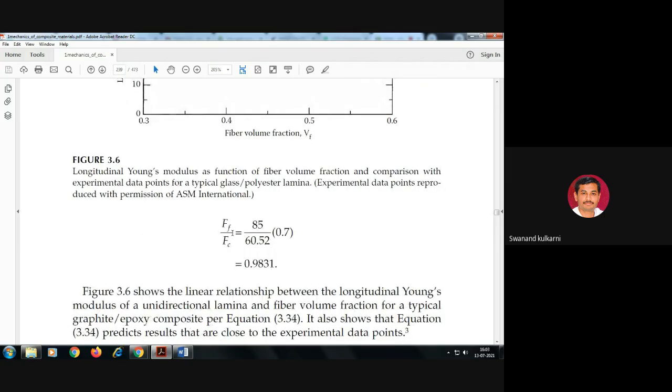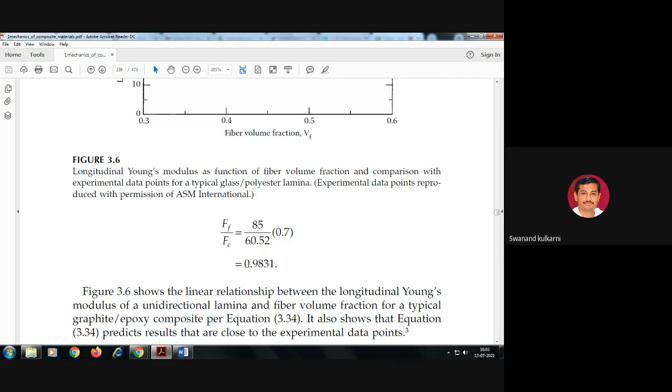So like this, additionally, we have identified the force acting on fiber to force acting on composite, that ratio. For that purpose, this 85 is the Young's modulus of fiber, this is Young's modulus of composite, and this is the volume fraction of fiber.